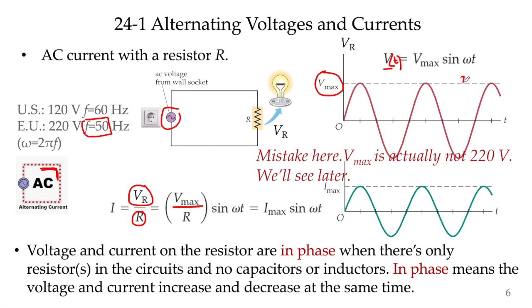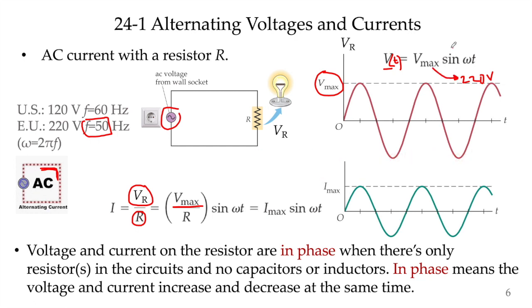So yes, 220 volts. Okay, so this maximum is 220. And there's going to be the sine omega t term. So instead of V, we can write V max times sine omega t. This is VR.